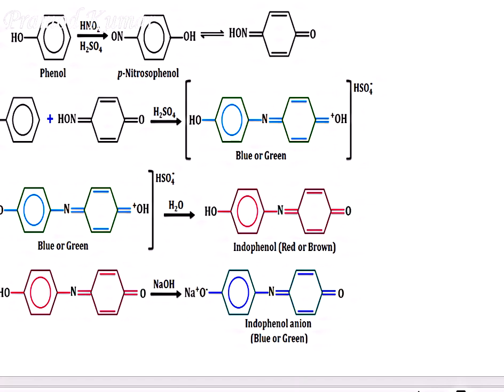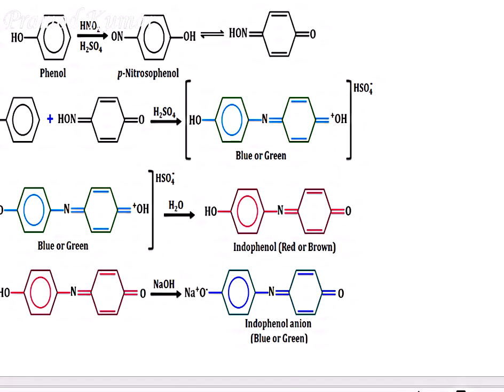Okay, now what is the next step? To the same thing, if you add excess of water, it gets converted into a red or brown colored intermediate. So this gets converted into a neutral compound. Okay, you get an OH, red. I'll just show it in red color only.